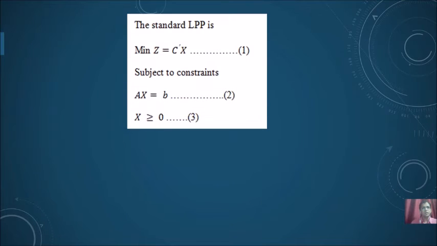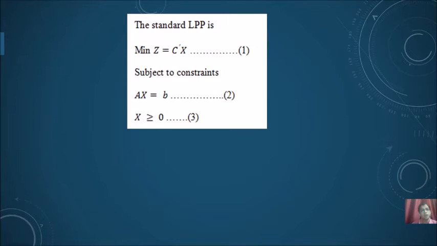In general, if we want to discuss the artificial variable technique, then suppose the standard form of an LPP is given by minimum of z equal to c dash x, subject to the constraint Ax equal to b, x greater than or equal to 0. Now suppose this capital A, that means the coefficient matrix, does not have the required number of unit vectors.